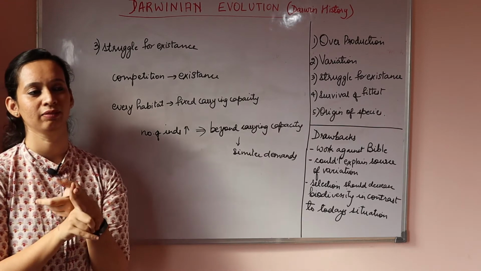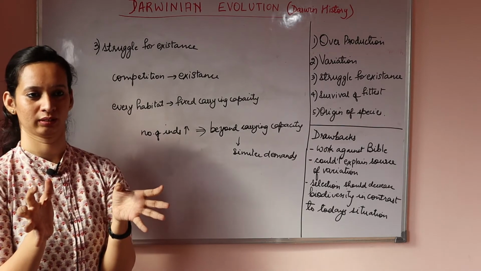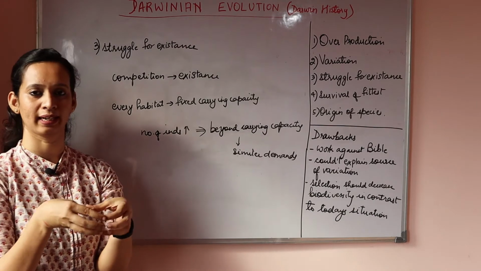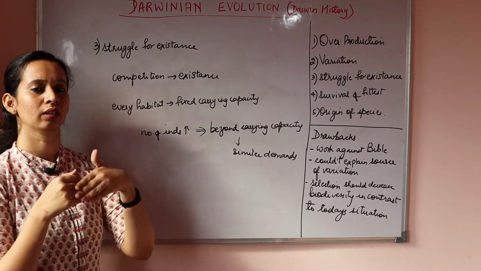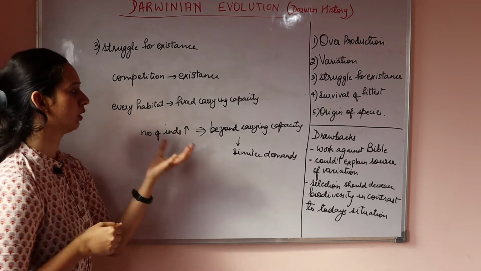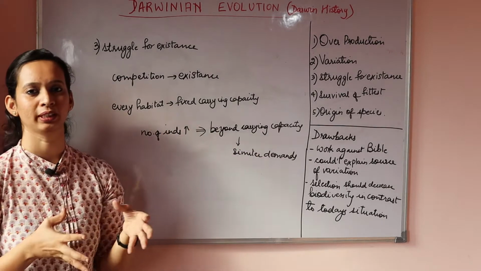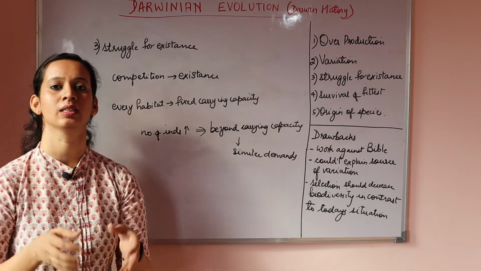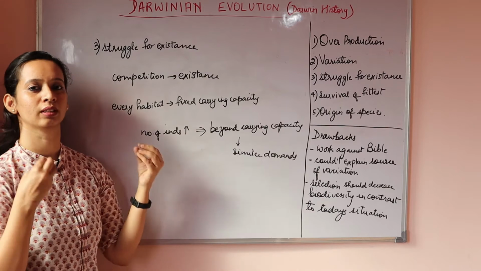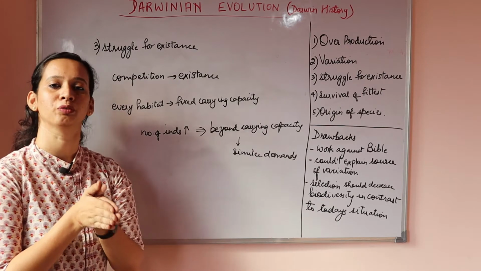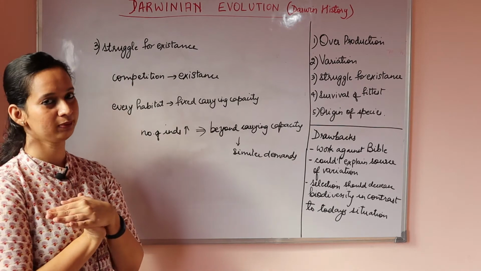They will not get proper food to eat if we are considering that as an isolated system. So beyond the carrying capacity, the competition occurs because they want to survive and because the resources have to be sufficient for that kind of individual.